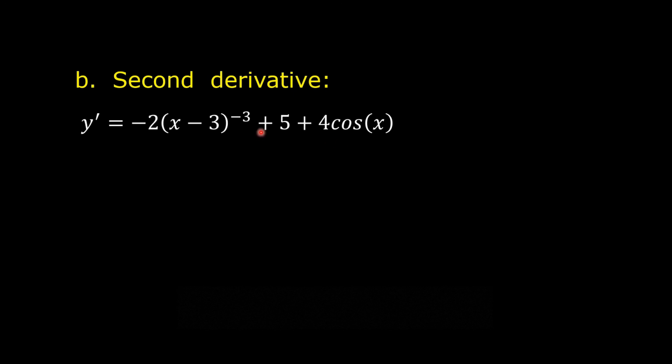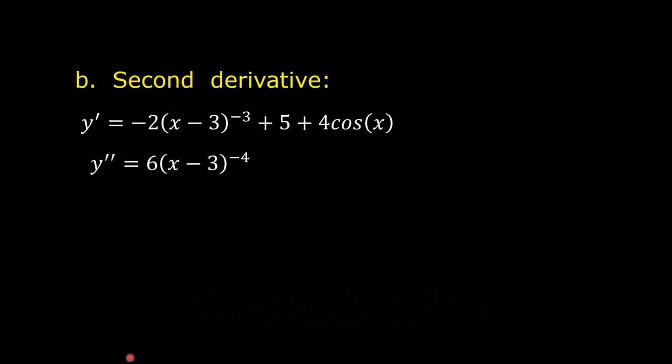Now, using the power rule for derivatives, we have y double prime is equal to 6, because negative 2 times negative 3 is 6, times the quantity x minus 3 raised to negative 4. This is the negative 3, minus 1. It's negative 4. The derivative of a constant is 0, so the derivative of 5 is 0.